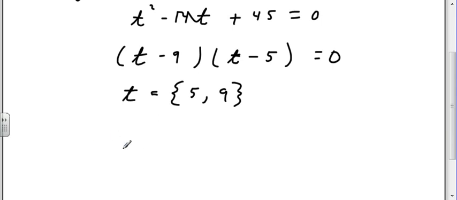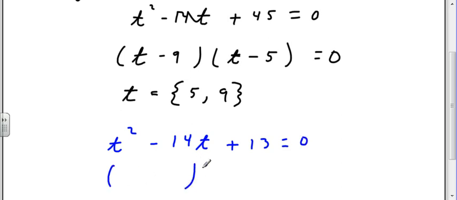Next problem. V is equal to 35 volts. All right, so I have t squared minus 14t plus 13 is equal to 0. And of course that factors, so we'll just factor that. T minus 13, t minus 1.